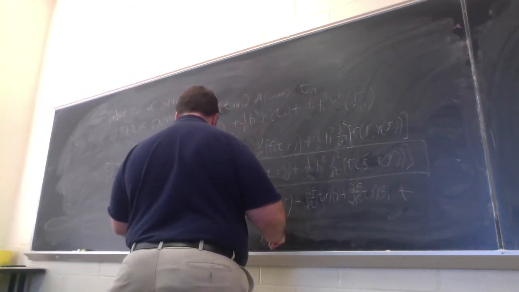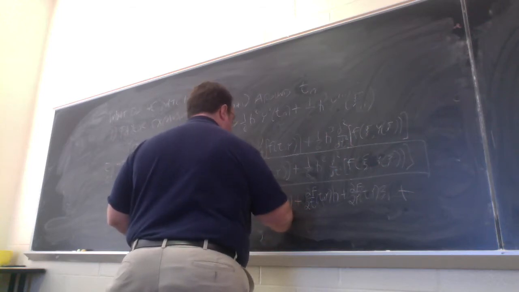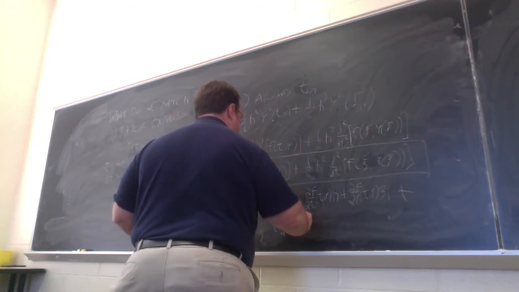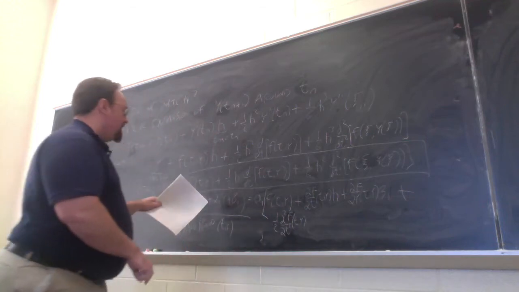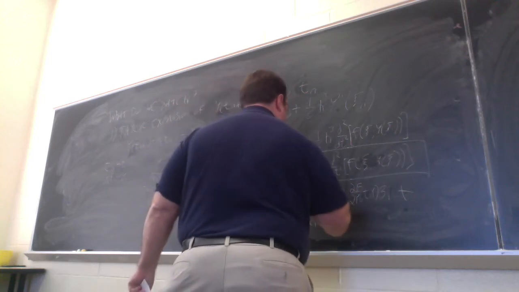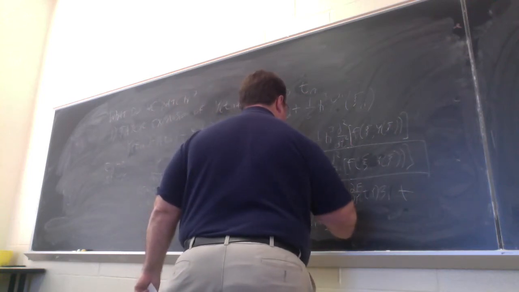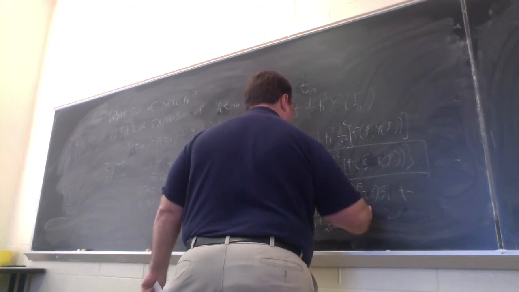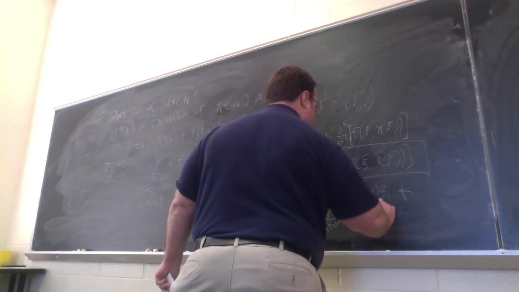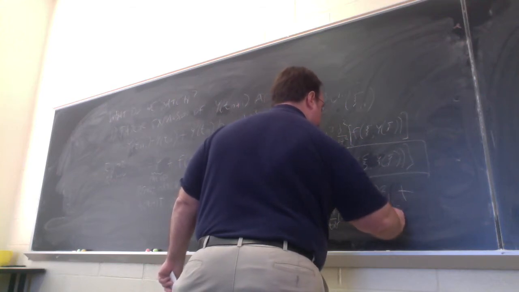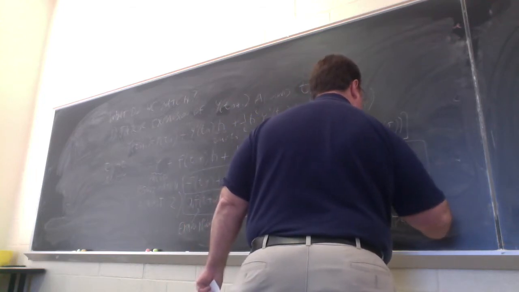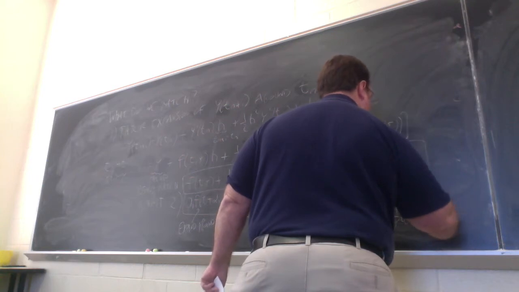So I'm going to have 1/2 second partial with respect to t of f times a change in t squared, so that's alpha 1 squared, plus the second partial with respect to t and y, the mixed one, change in t, change in y, plus 1/2 second partial with respect to y, change in y squared, and so on.